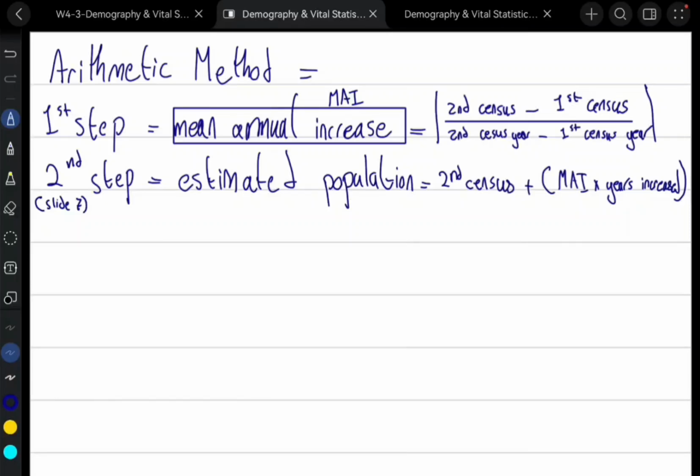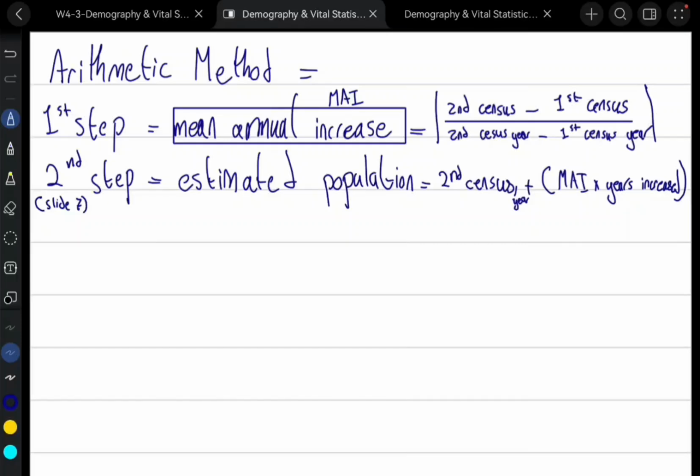Now in the second step, we use this 5,000 to calculate the estimated population. The years increased in this equation is counted from our second census year, which in our case is 1980.